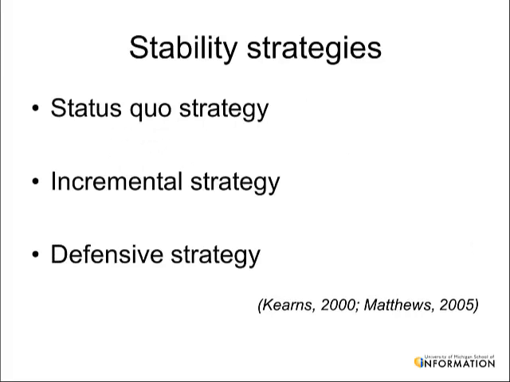There are three main types of stability strategies. The first is a status quo strategy. In a status quo strategy, an organization may choose to focus on operational excellence, including factors such as efficiency, effectiveness, and productivity. However, a status quo strategy does not mean withdrawing into a shell.